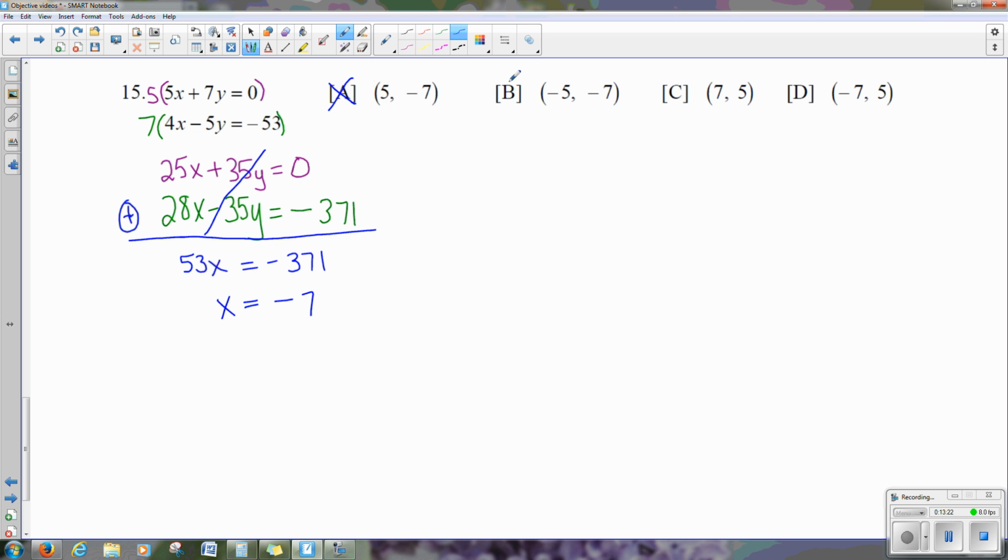We have a y value of negative 7. I have an x value of 7 and an x value of negative 7. So we can choose D. And we can always plug negative 7 back in and solve for y, and you'll get an answer of 5. That'll help you to double check and make sure that you've done that correctly.